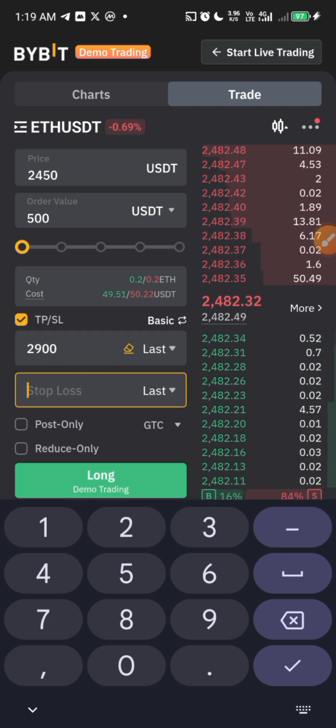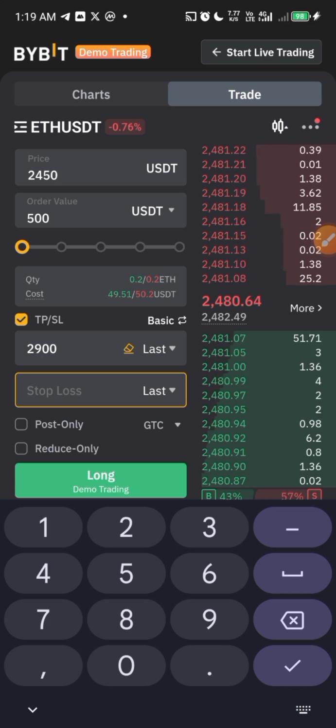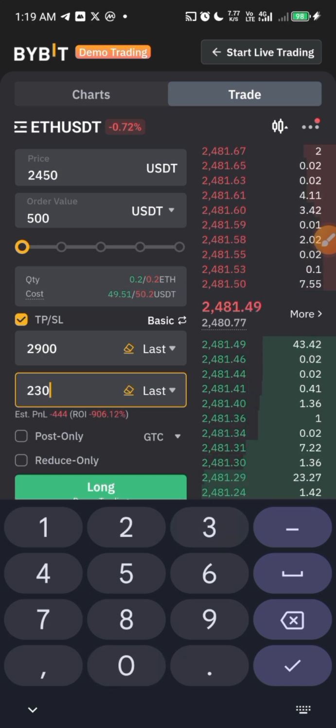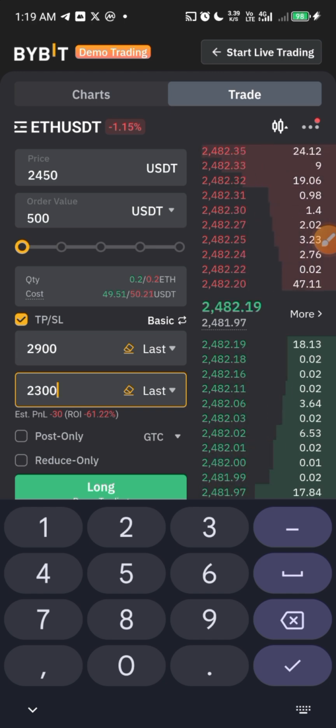Now the stop loss, we calculated 2,300. So this is 61% profit and loss. You can see it there, 30, right? So you can now see that at the end of the day, if you make profit, you are making almost times 3, because 60 times 3 is about 180.